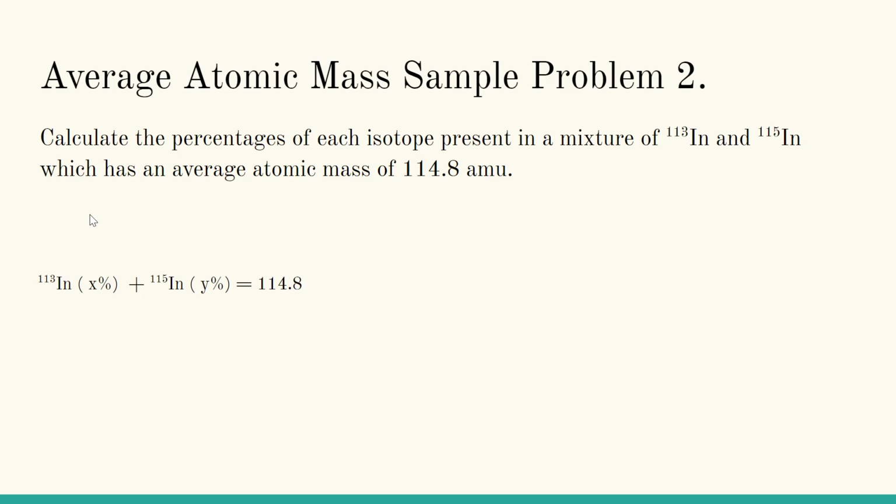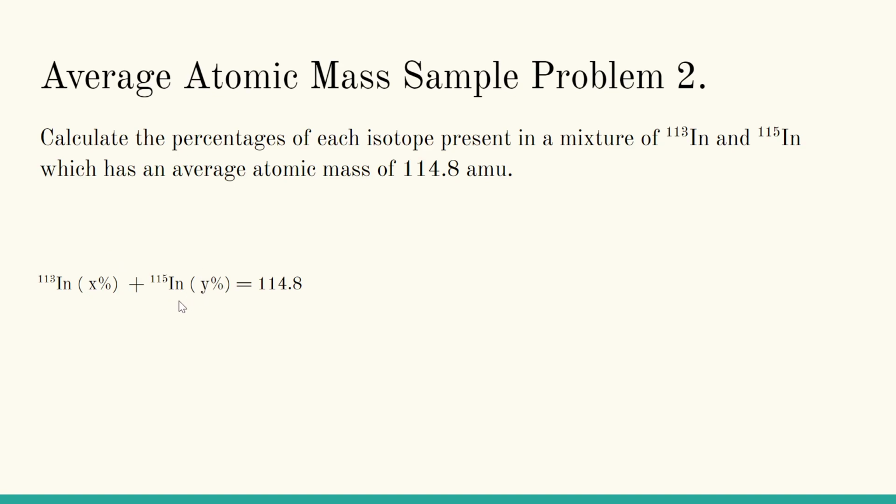So, we know that indium-113 is going to have some percent, and we're going to have that as X% for right now. And when we add that to the indium-115 Y percent, it equals 114.8, because this also is some percent. Okay, so we just have variables in here for these two percents.